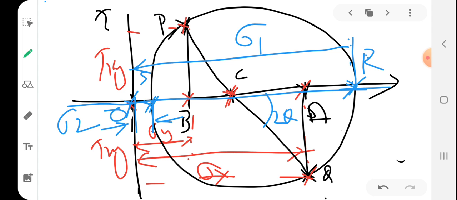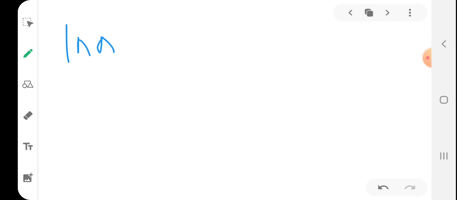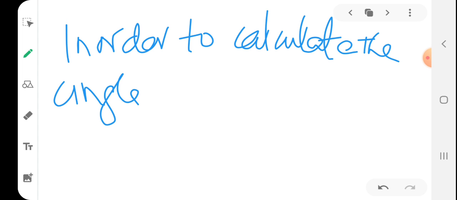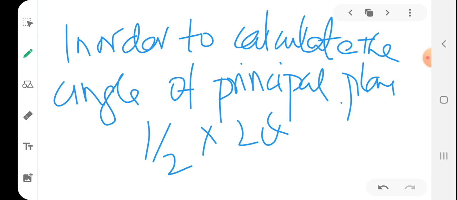The principal plane. So in order to calculate the angle of principal plane, take half of 2 theta, that is theta.